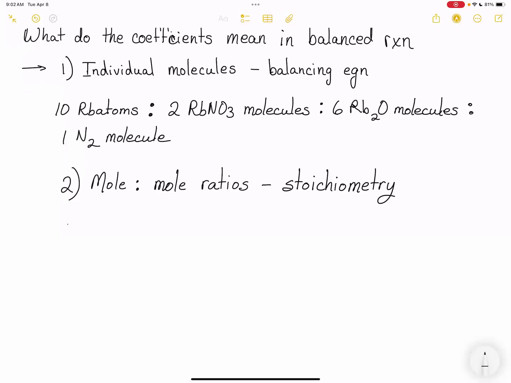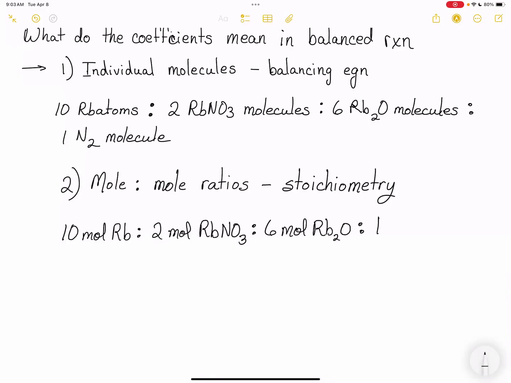And in this case, it would be 10 moles of rubidium to 2 moles of rubidium nitrate to 6 moles of rubidium oxide to 1 mole of nitrogen.